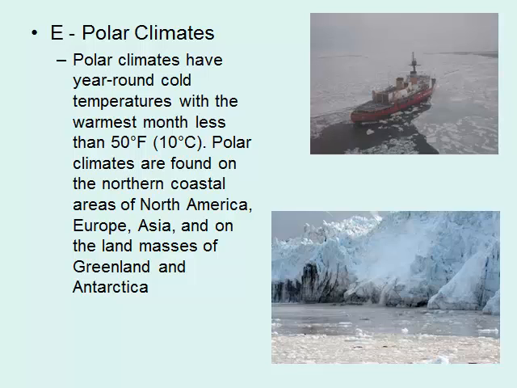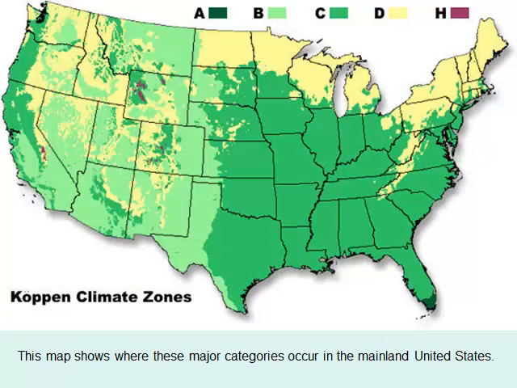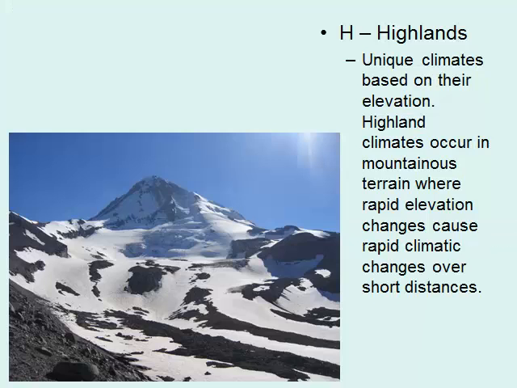So the last one we'll talk about, last climate zone, is the one we can see on this map here, the H zones. And those are areas that are very high in altitude. So it's called H for Highlands. So these have unique climates based on their elevation. Because they're higher elevation, we have rapid elevation change, rapid climate change over a short distance.